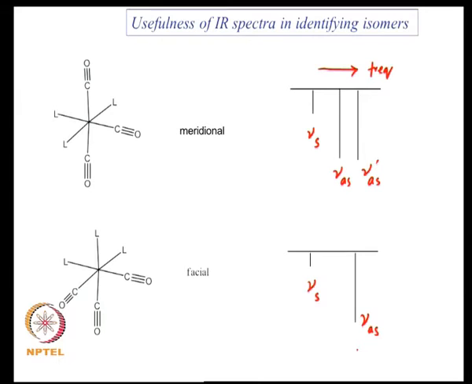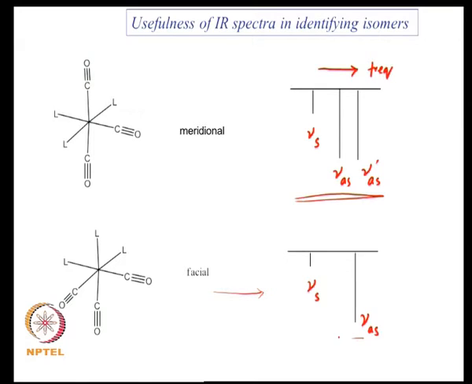The meridional isomer will have 3 bands as pictured here, 3 infrared stretching frequencies. Usually the 2 asymmetric stretches are strong bands and the symmetric stretch is weak. Whereas in the case of the facial isomer, depending on the symmetry, you can have a small symmetric stretch and a very strong asymmetric stretch.